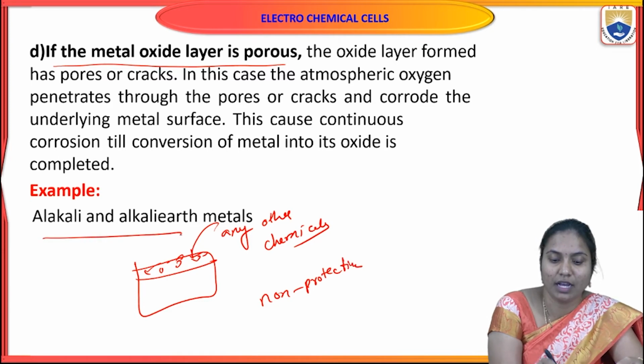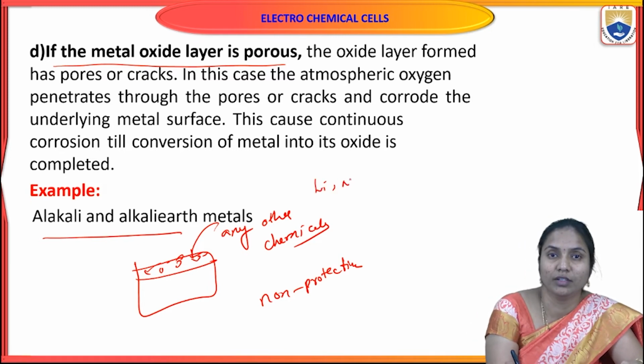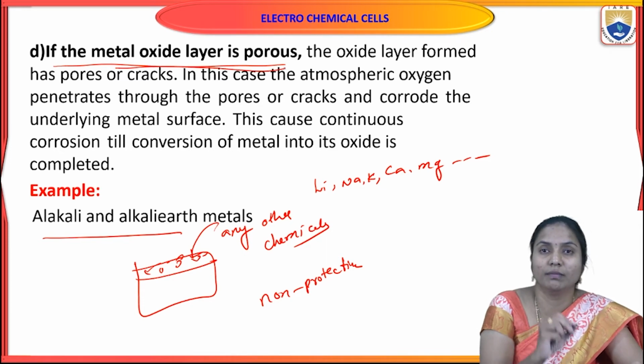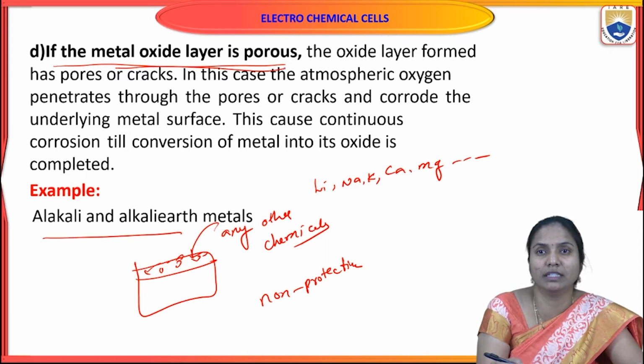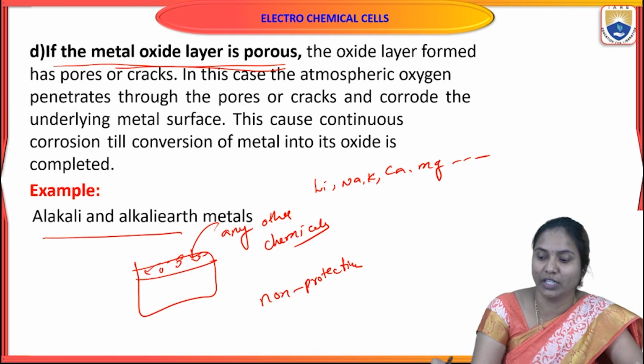The best example is alkali and alkaline earth metals, first group and second group elements such as lithium, sodium, potassium, calcium, magnesium, etc. These metals, when they interact with atmospheric oxygen, form a porous metal oxide layer. So that's why these metals easily undergo corrosion, because that metal oxide layer acts as non-protective in nature.